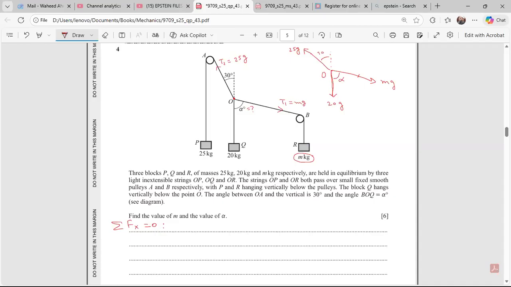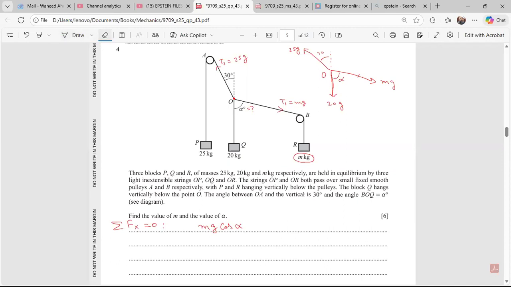That is going to be mg into cos theta. So cos alpha. No, sorry. This is alpha, this is sine. It's my mistake. This is going to be sine alpha.